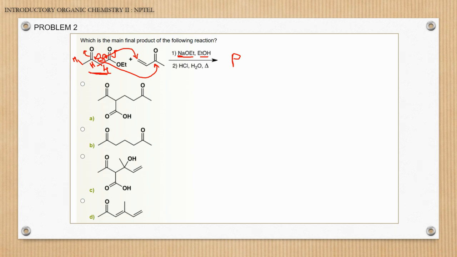Why 1,4? Because you have to keep one thing in mind. Aside from the HSAB theory, if your attacking nucleophile is resonance stabilized, having resonance like this, here your nucleophile which is generated at the carbanion is resonance stabilized.